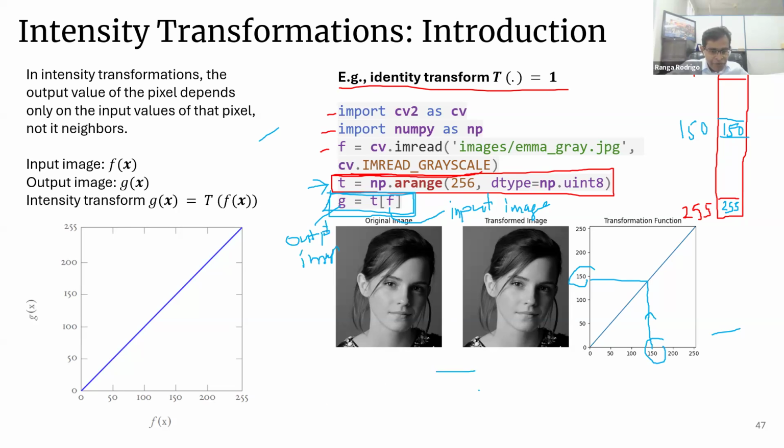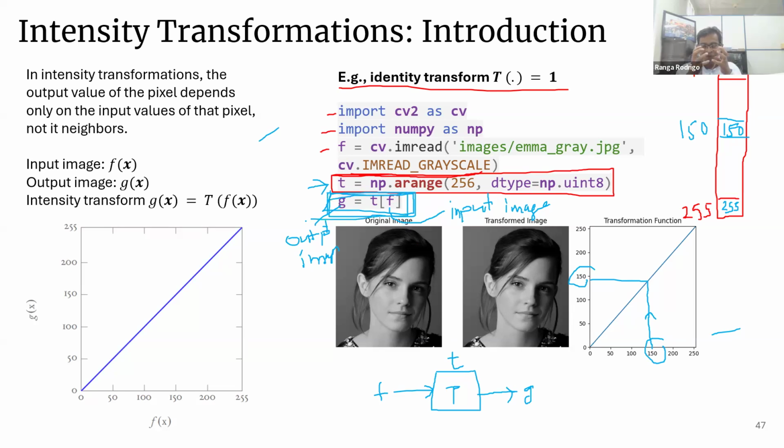So I showed you a little picture. This is my T transformation. I have used simple T for that in this case. And I give it f and get the g out. This can be done by indexing T with f.